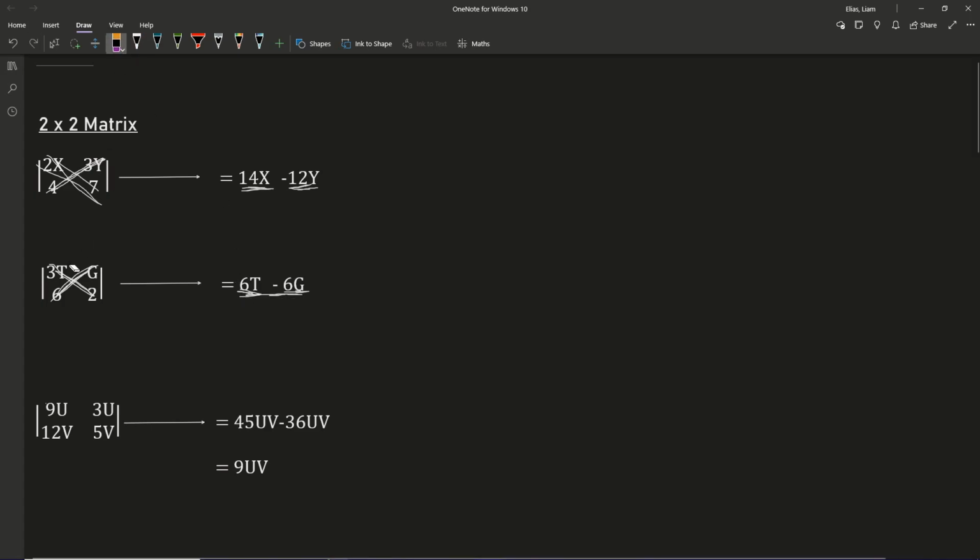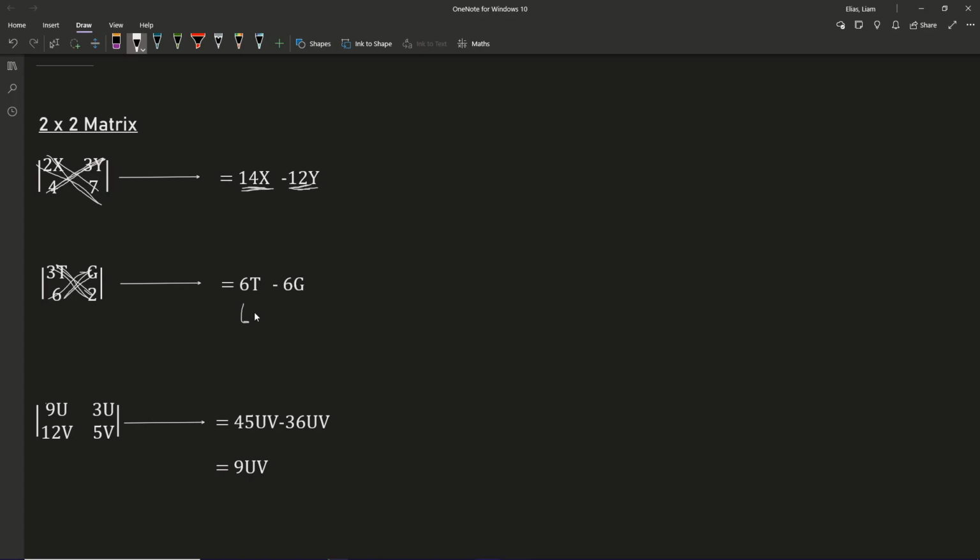Just as a side note, say for example this matrix was changed to negative g. So say this was a negative. This doesn't change how we approach it at all, it's just going to change our answer a little. We'll still do this and we'll get 6t, and we'll multiply these two, but now we'll have negative 6g.